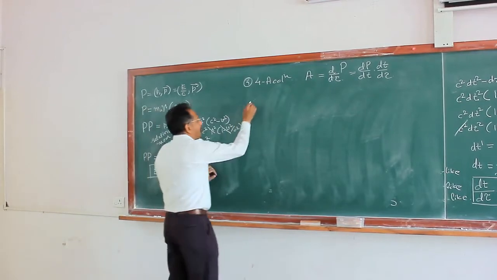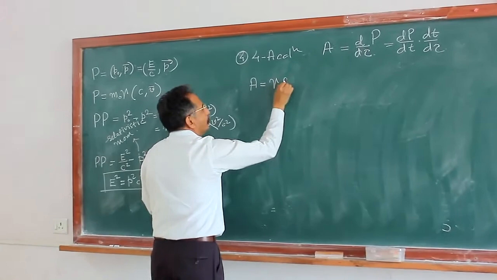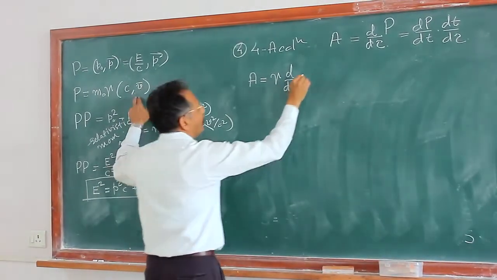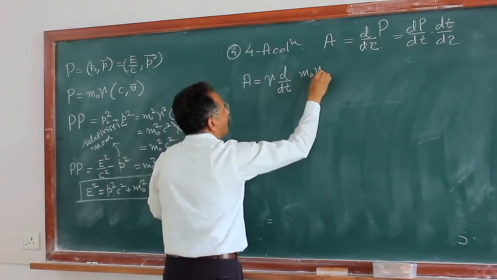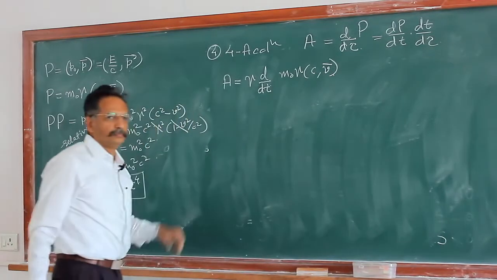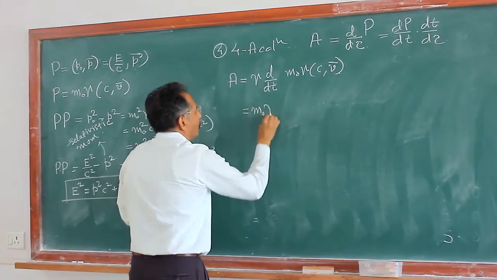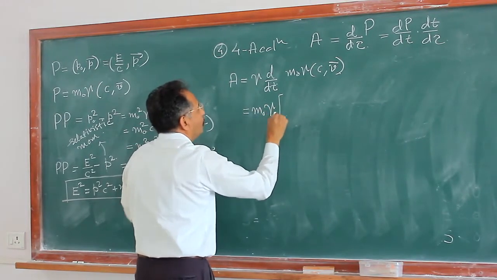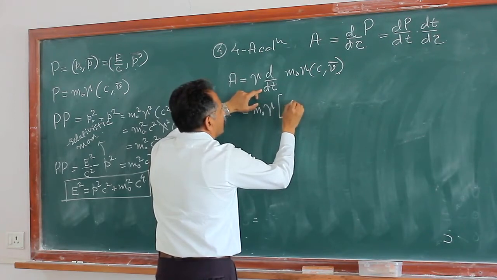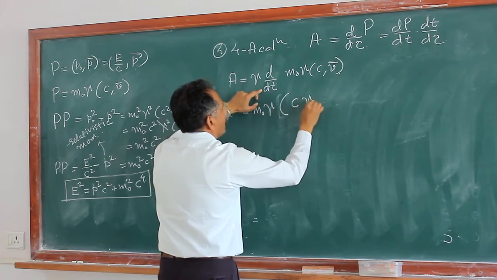So here A is equal to gamma times d/dt of 4 momentum, and 4 momentum is m0 gamma c comma v bar. So here m0 gamma inside bracket we have c into gamma dot.